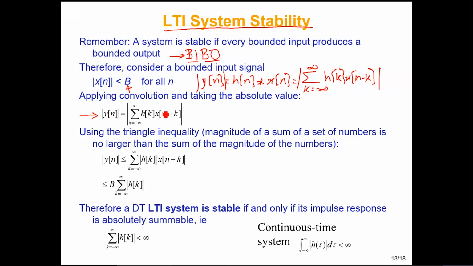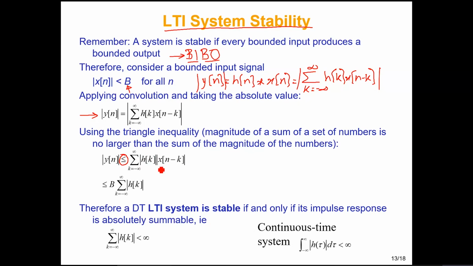Now we have seen that your x of n value does not exceed this upper bound b. If you take the magnitude of h of k multiplied by x of n minus k inside the summation, then the equal to symbol gets changed to less than or equal to, because the summation does not put a limit on positivity or negativity.